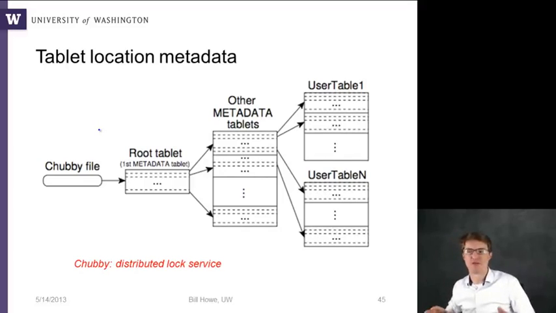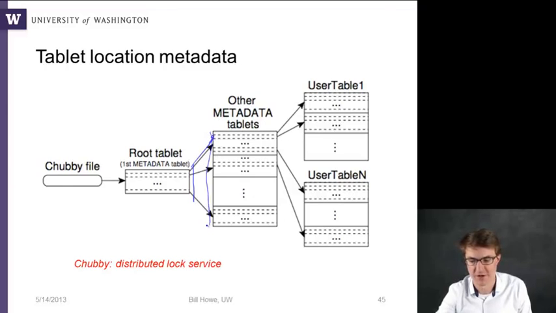The metadata keeping track of where tablets are located is itself organized in another tablet. So there's a root tablet here that describes, each record in here describes a group of location records in a bigger table.